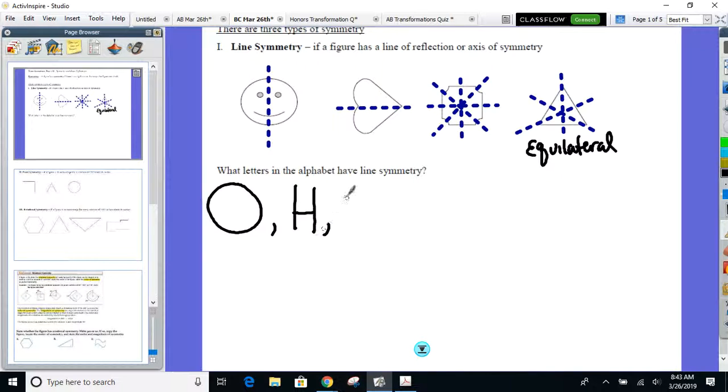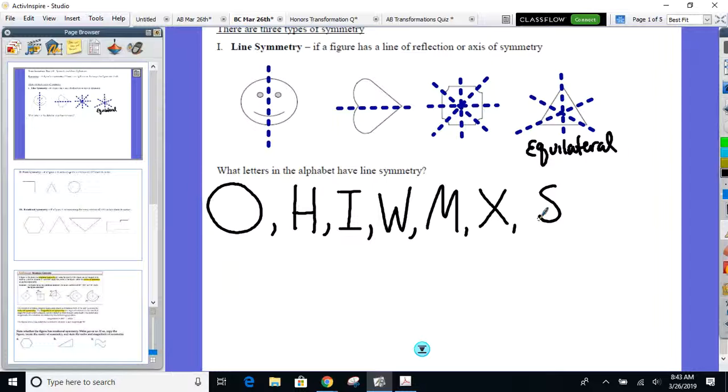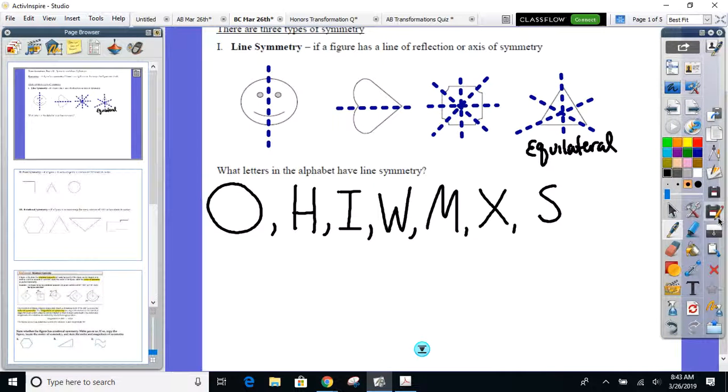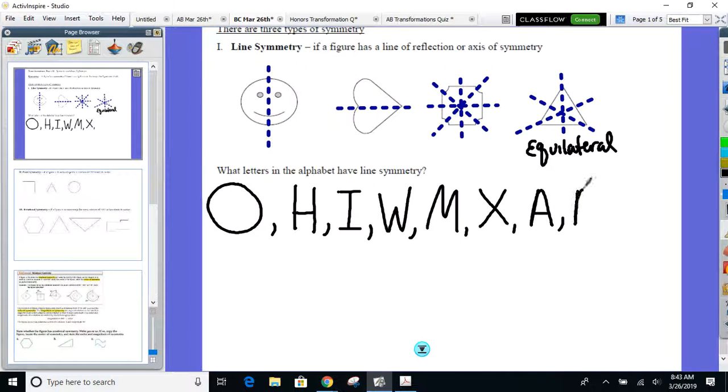T. Capital A. Lowercase L. M. C. Capital S. Hold on, are you serious? Grow up, man. Once again, contributing nothing. All right, we're good. We can go through a bunch here.